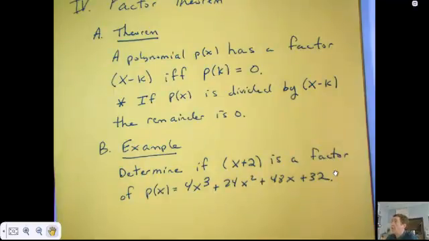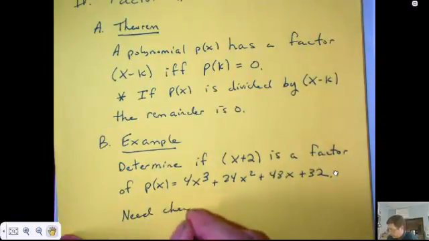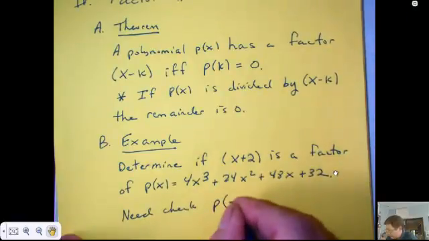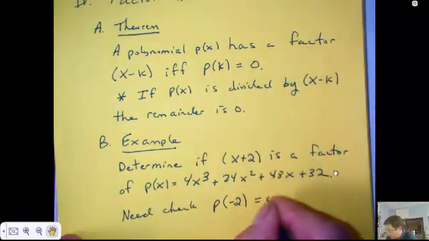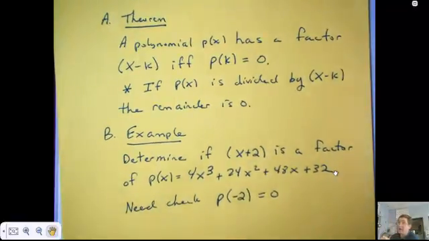Okay, so we just said, well, if it's a factor, what do we have to check? Yeah, so we need to check that P of negative 2 equals 0. And we just did the remainder theorem, which is all connected, very, very similar to this.